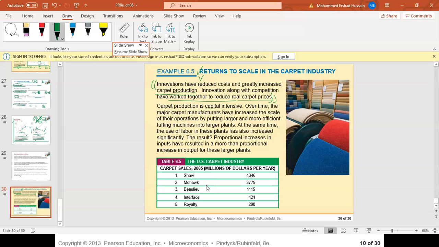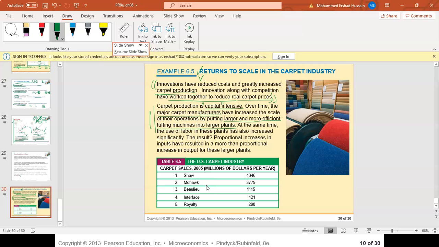Carpet production is capital intensive, meaning you need a lot of machine tools and equipment. Over time, the major carpet manufacturers have increased the scale of their operations by putting larger and more efficient tufting machines into larger plants. So you see technological changes going on.